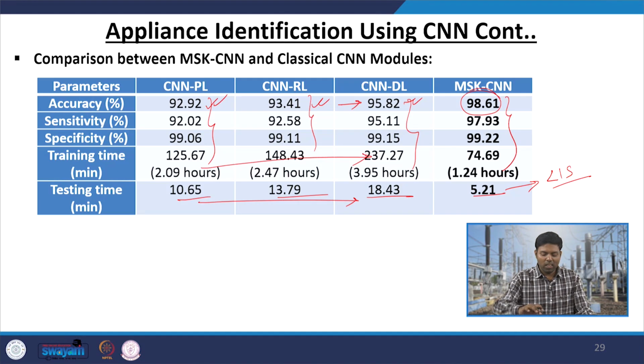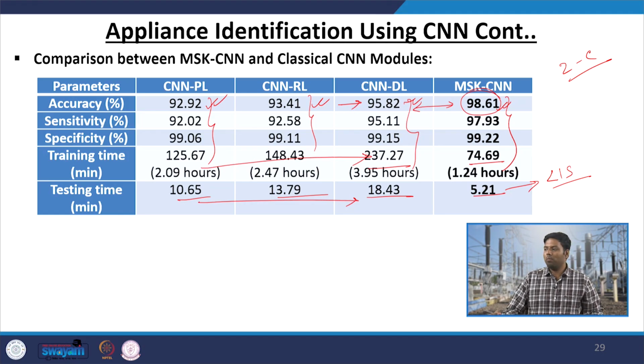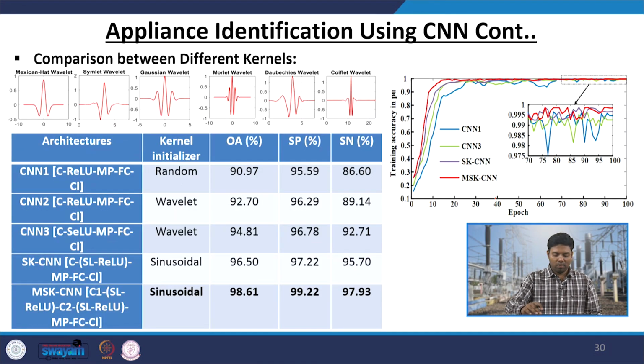Other than that, in the MSK CNN you just have 2 convolution layers with proper kernel initialization. With that only you are getting a higher accuracy of 98.61%, and the training time is almost 1/3 of the deep learning module, which is the highest level of your blind convolution layer. And your solution time is also less.